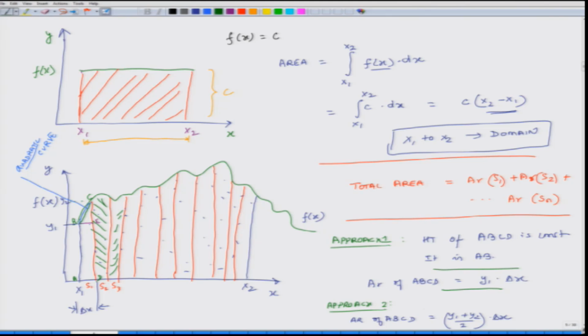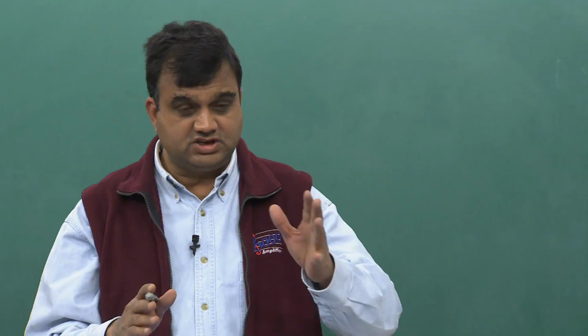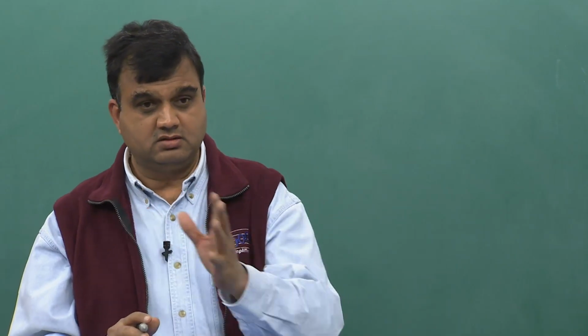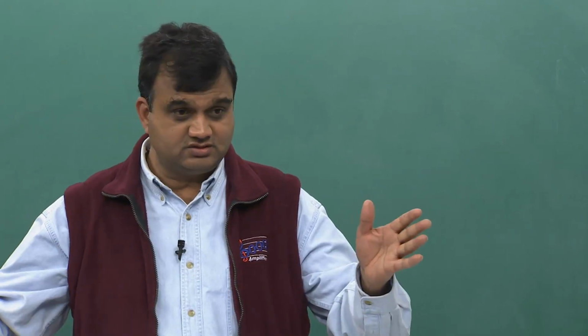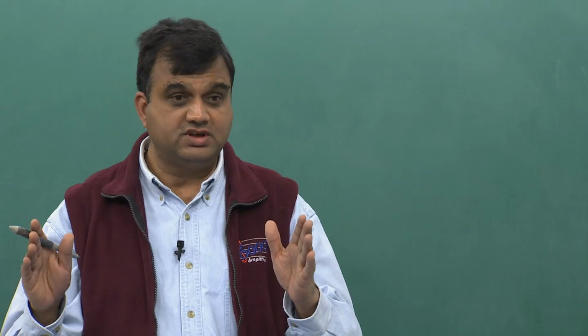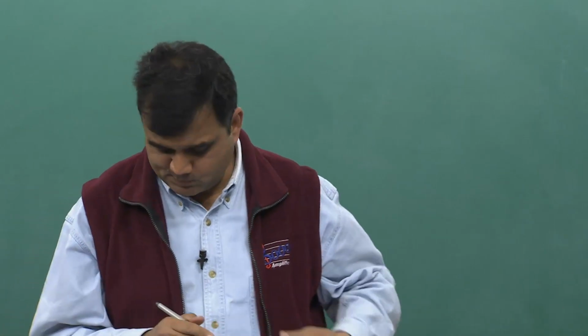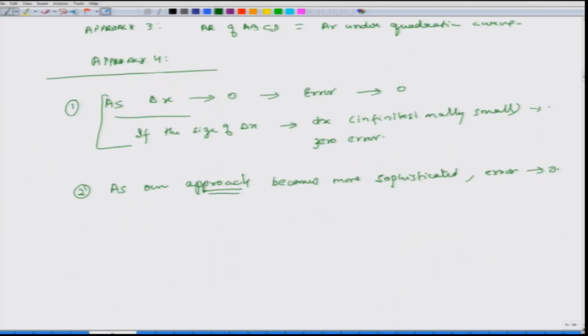Here it is a linear function in approach 2. In third it is a quadratic function. These functions which explain how variables are changing over an element, not across elements, over an element, they are known as shape functions. Okay, shape functions.